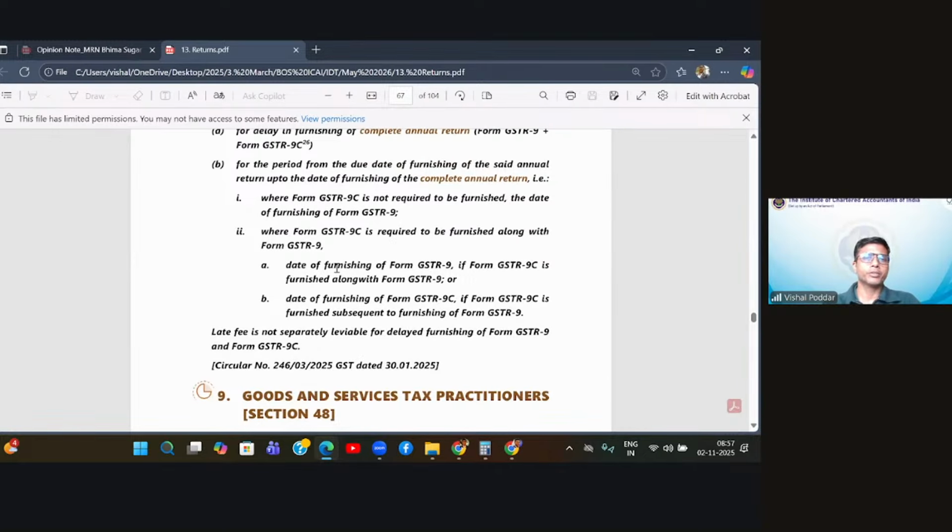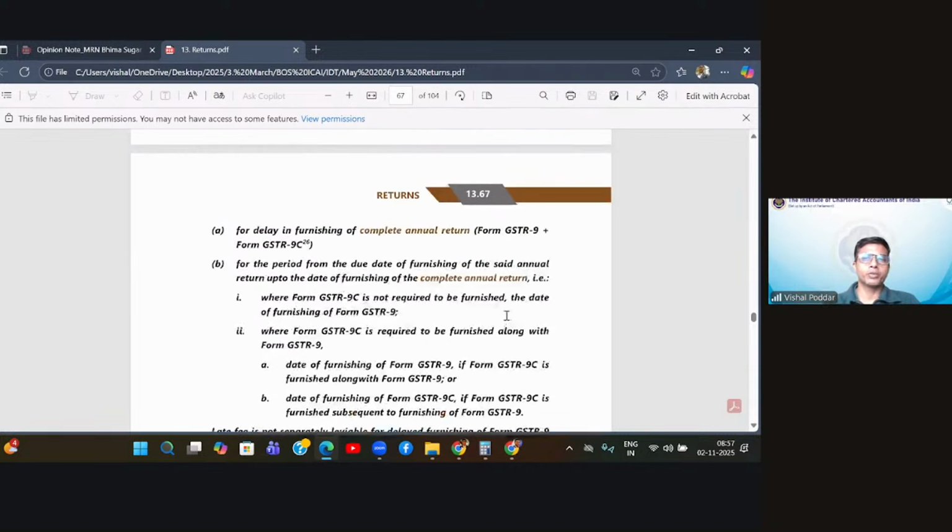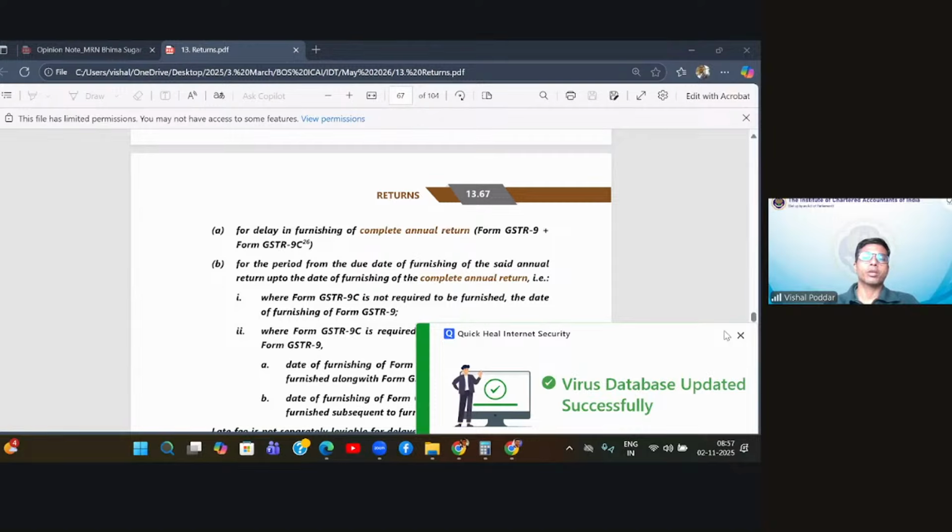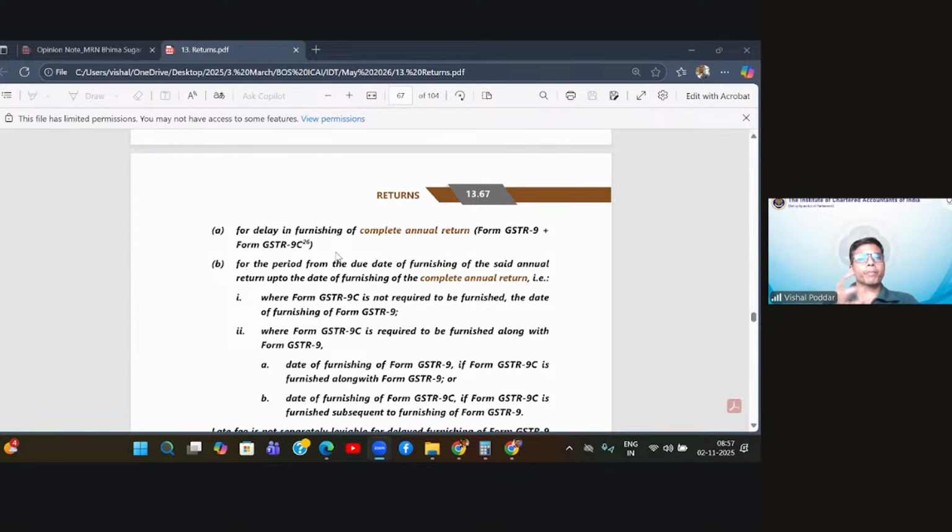So what dates are to be considered? Date of furnishing of Form 9, if both are filed together. Date of furnishing 9C, if 9C is furnished after filing of 9. So whichever is filed later is what is considered. That is why they have used the words delay in furnishing of complete annual return. Complete means both. So until both are filed, your late fee calculation will continue.